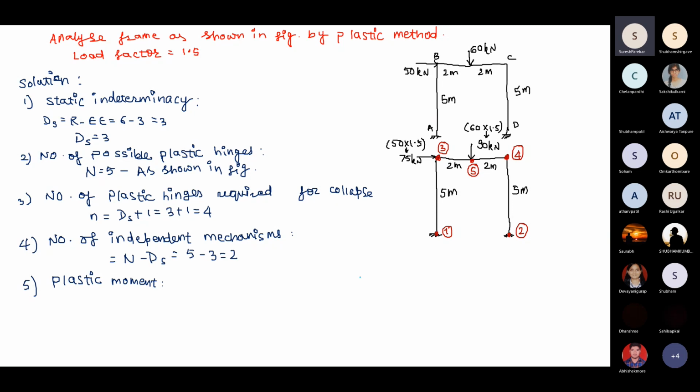These are independent mechanisms. First the beam mechanism, I will draw on this side. BC, as it is symmetrical, so the load acts at center.